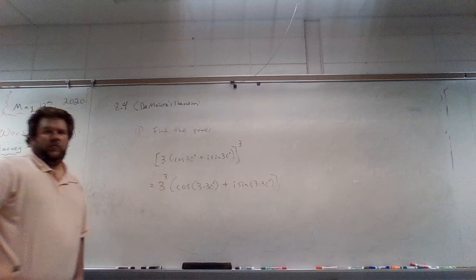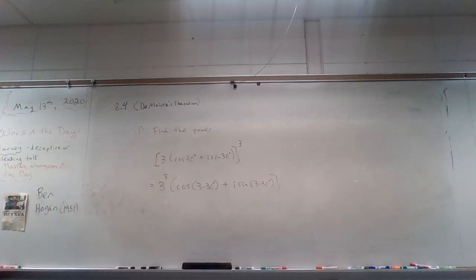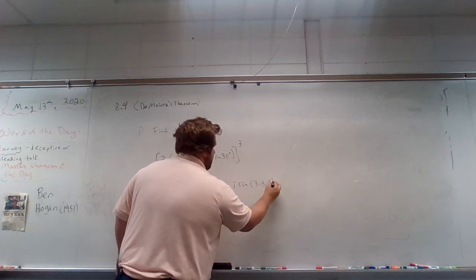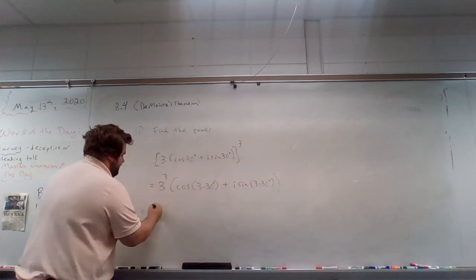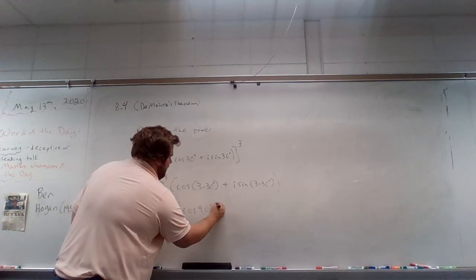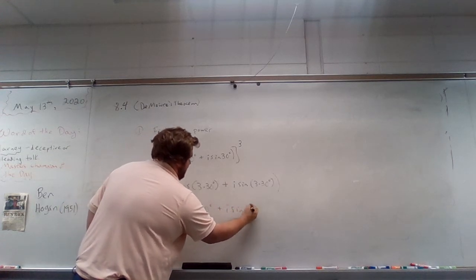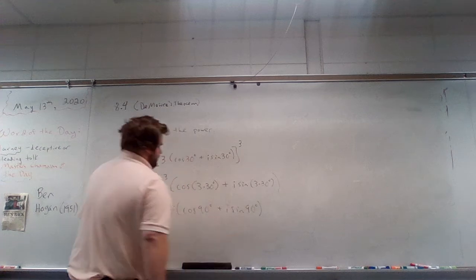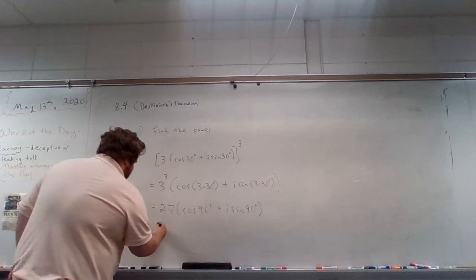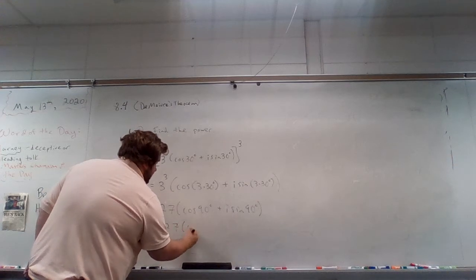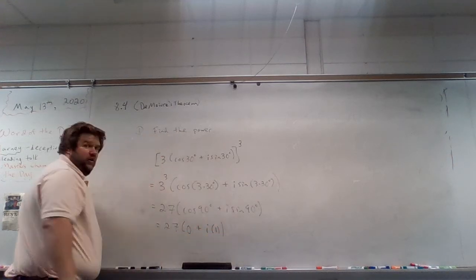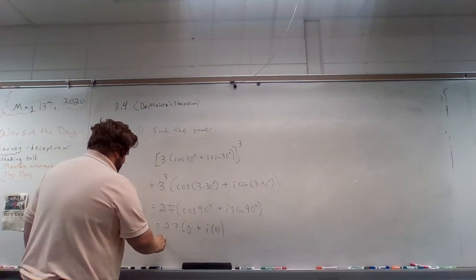And as before, we want to continue to go on to write that in rectangular form. So we are going to have 27 cosine of 90 degrees plus i sine of 90 degrees. And then we're going to have 27, cosine of 90 is 0, sine of 90 is 1. So you can see that really all we have is 27i.